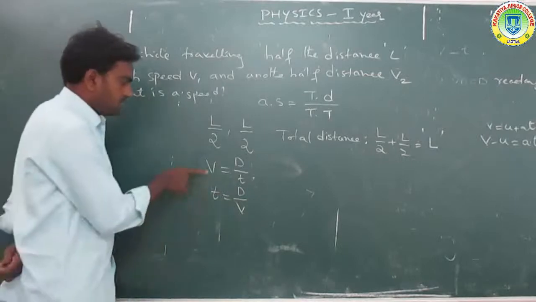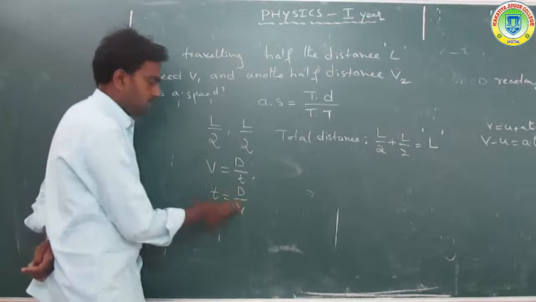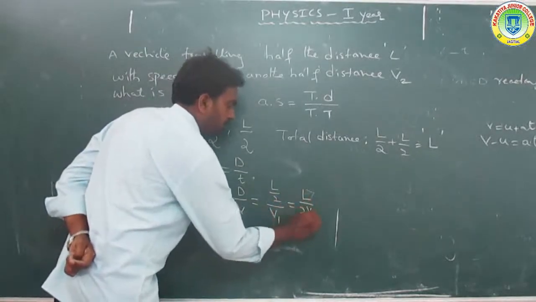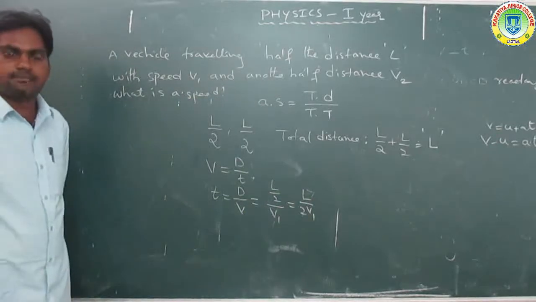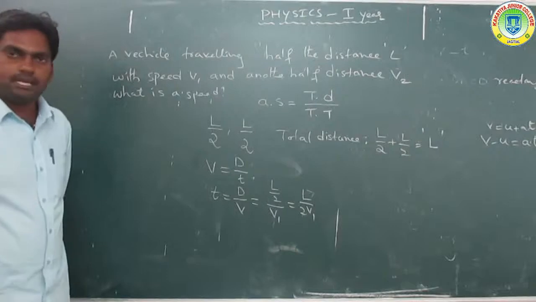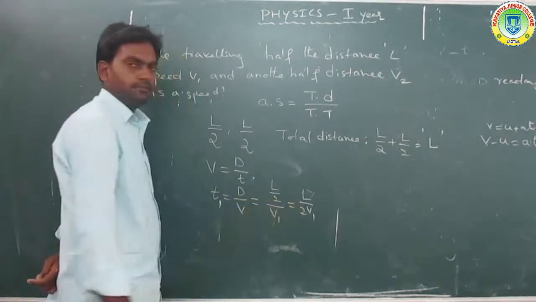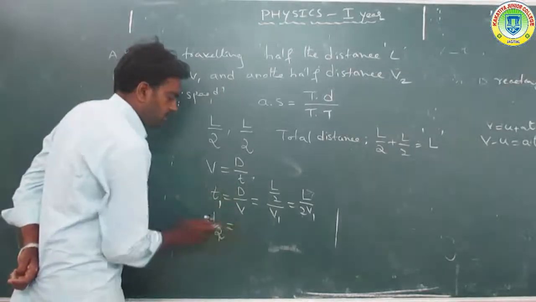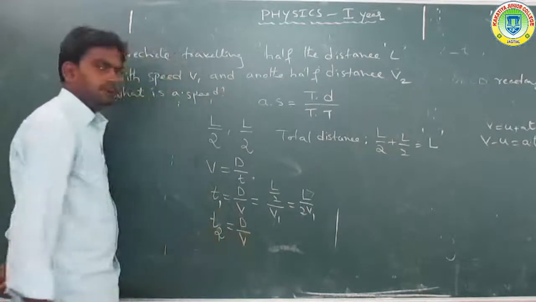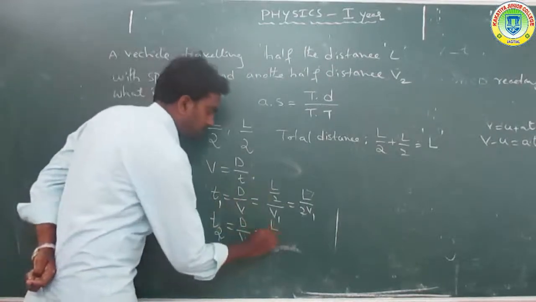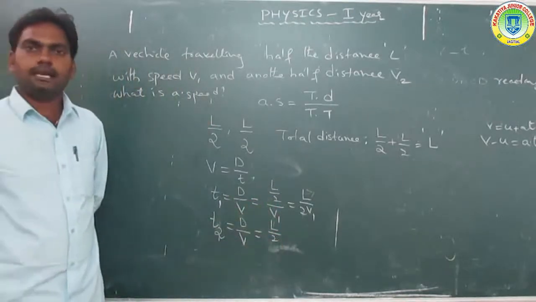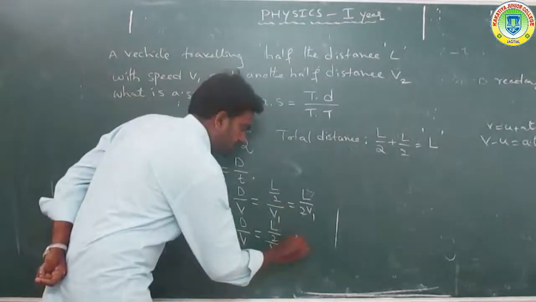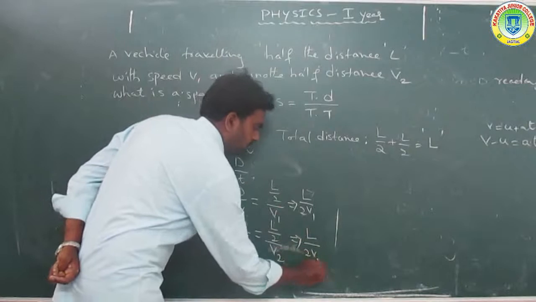The first distance is L by 2 with velocity v1, so the time taken for the first half is t1 equals L by 2v1. Similarly, for the other half, t2 equals distance by velocity, which is L by 2 divided by v2, so t2 equals L by 2v2.